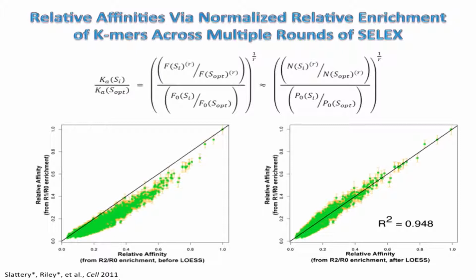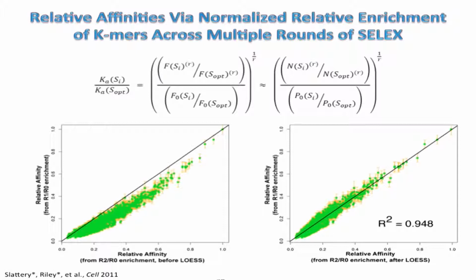And so now let me show you what happens when we do this ratios calculation using R1 over R0 data, and we compare that with using R2 over R0. So what's happening is we actually have two relative affinity estimates.